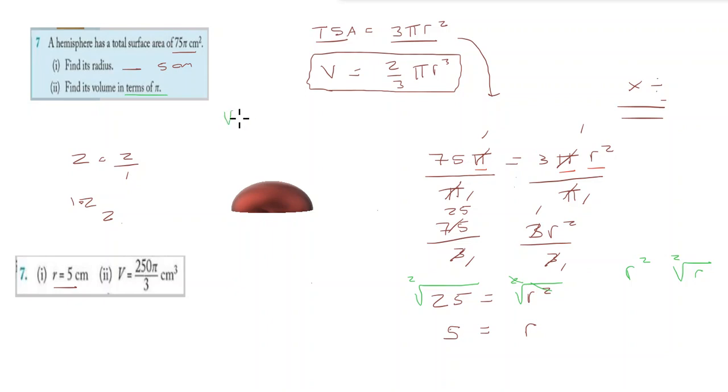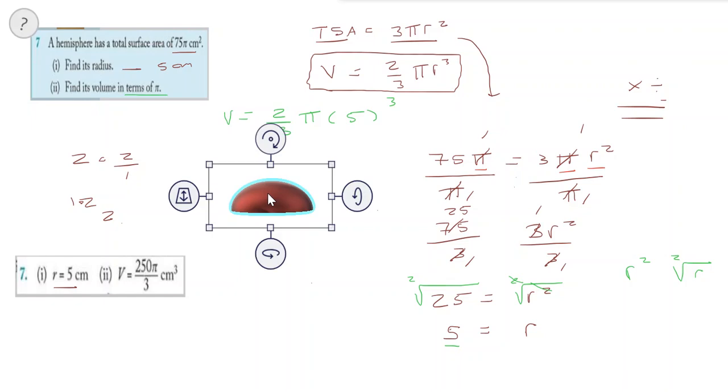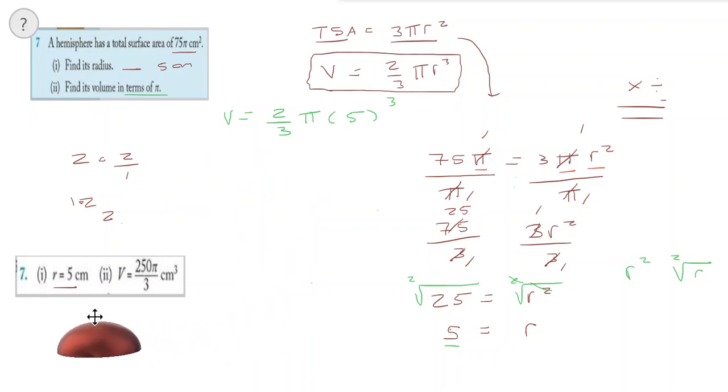So volume is going to be equal to 2 over 3 times pi times the radius, which we've worked out here is 5, so 5 cubed. Okay, so then we can continue writing this. Now let me just move this hemisphere out of the way so I have a bit of space.